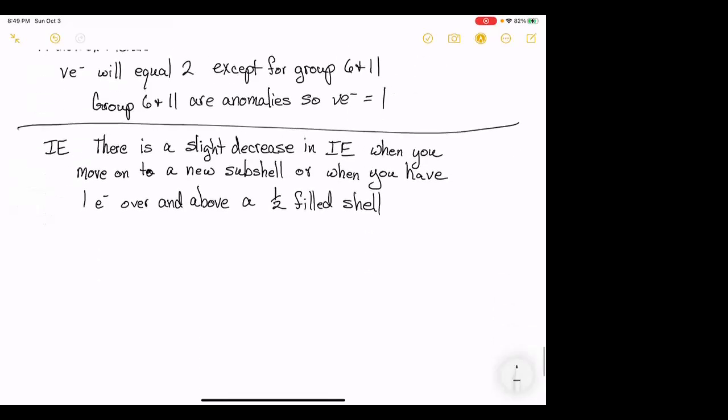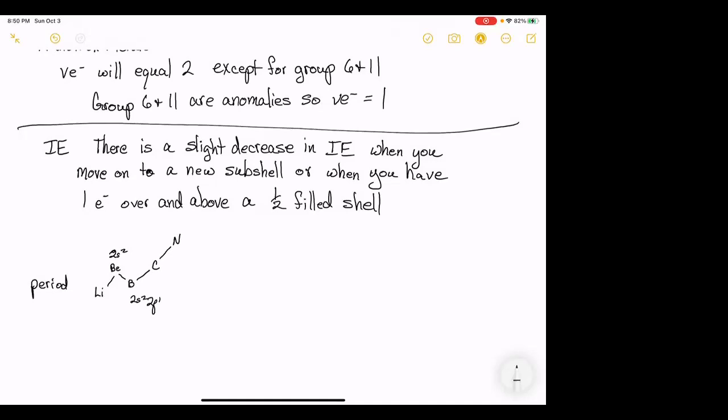So when you look at ionization energy, for period 2 it would look similar to this. You would have lithium, and then it goes up slightly in energy to beryllium, but then there's a slight decrease to go to boron, because you've gone from 2s2 and now you've added on a P. And then you'll start to see it increase, boron to carbon, and then carbon to nitrogen.